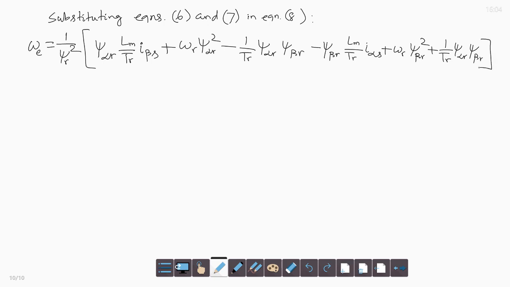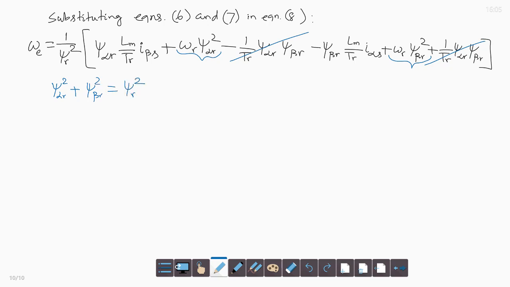So, here this is with minus sign, this is with plus sign, they cancel each other. Now, this is omega r into psi alpha r square, this is omega r into psi beta r square. We just combined these two terms, we have omega r into psi alpha r square plus psi beta r square equals to psi r square.